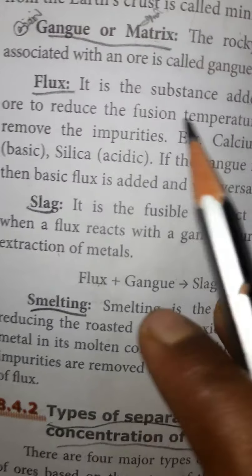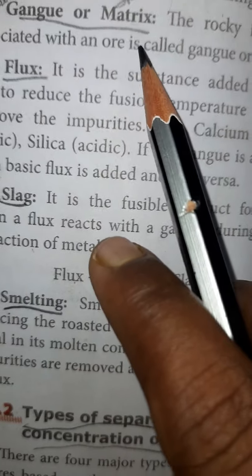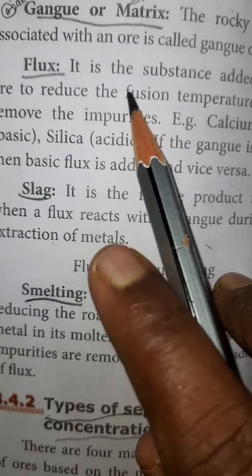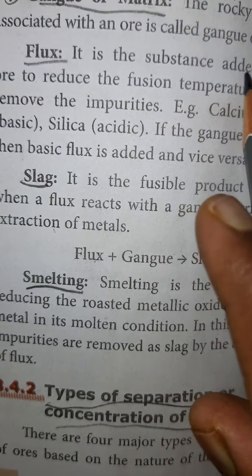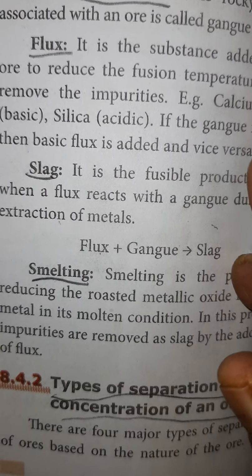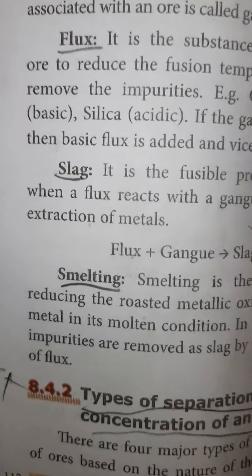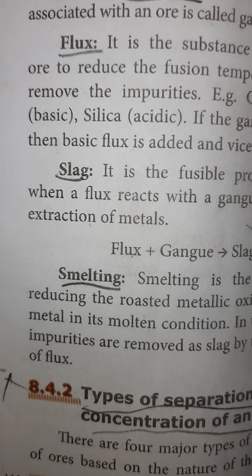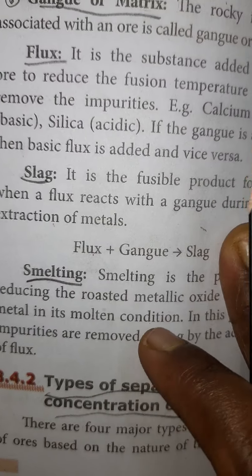And next one, gangue or matrix. The rocky impurity associated with an ore is called gangue or matrix.